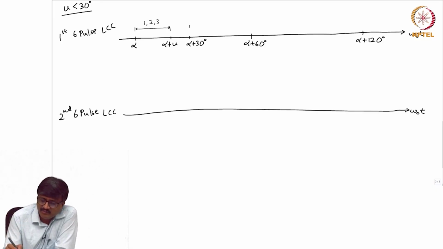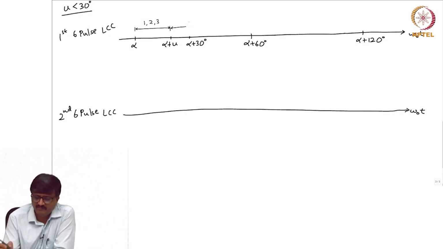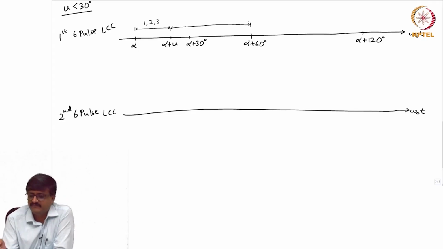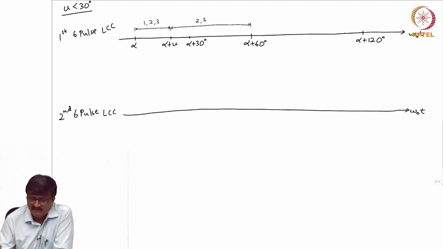Alpha plus u to alpha plus 30, and alpha plus 30 to alpha plus 60, I need not show separately. So, alpha plus u to alpha plus 60, 2, 3. Then I also show alpha plus 60 degrees plus u.